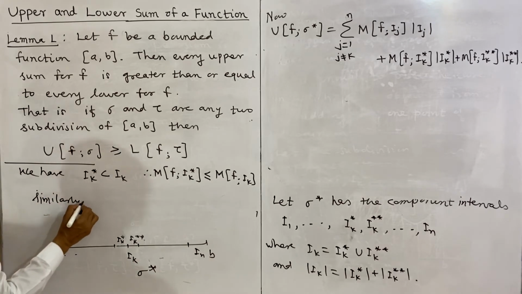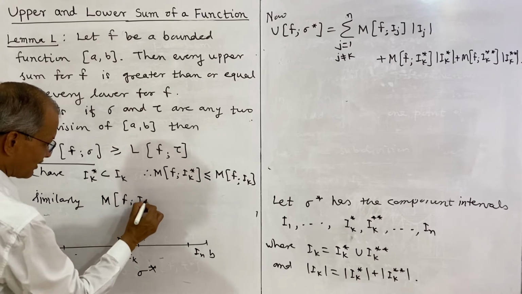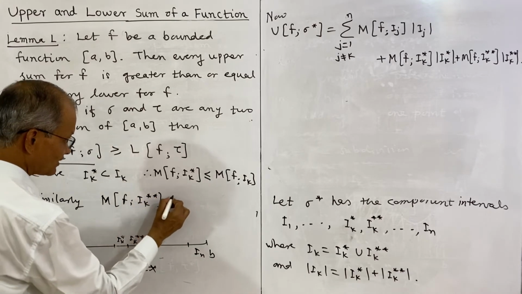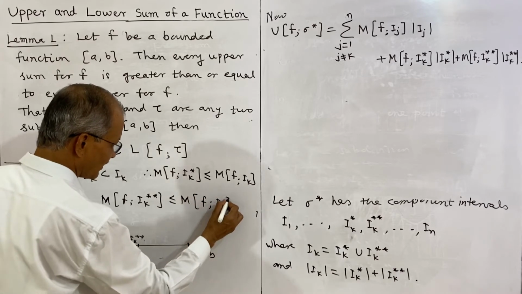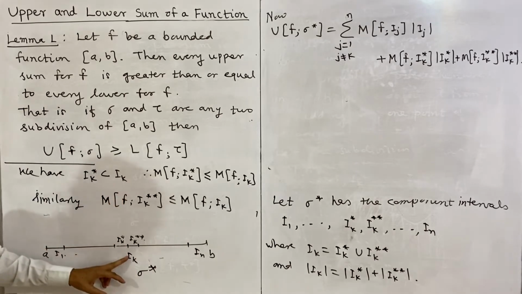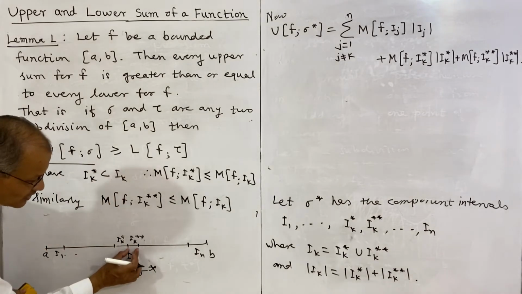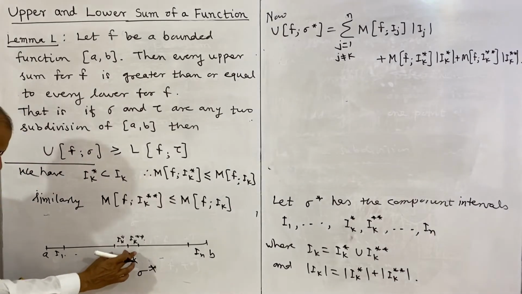Similarly, the maximum value of f on Ik double star is less than or equal to the maximum value of f on Ik. Ik double star is a subset of Ik, and therefore the maximum value on this part will be less than or equal to the maximum value on the bigger interval.